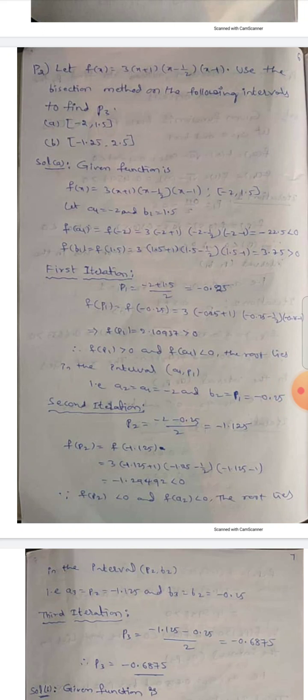Since f of p2 less than 0 and f of a2 less than 0, the root lies in the interval p2 comma b2. That is a3 is equal to p2 is equal to -1.125 and b3 is equal to b2 is equal to -0.25.